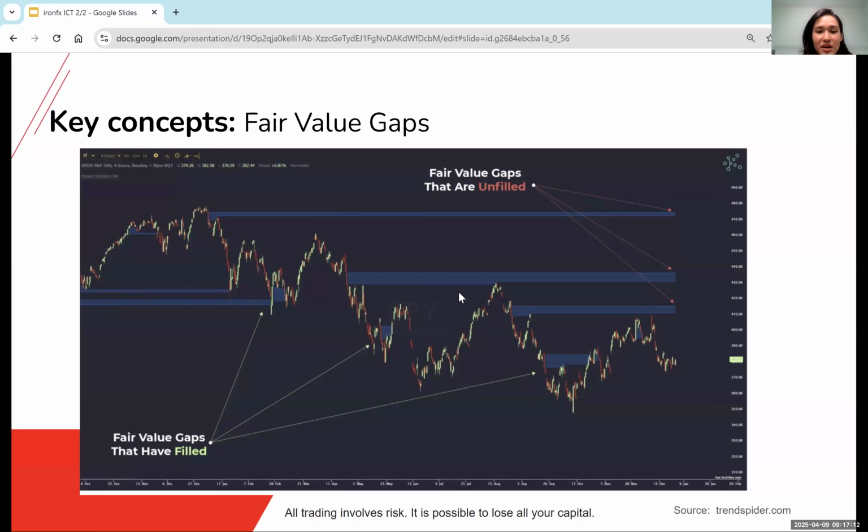When I'm talking about identifying fair value gaps, I'm talking about the unfilled fair value gaps here, because we're not really concerned about the ones that have been filled. We're more talking about those that have not been filled, because oftentimes we're expecting price to retrace to then fill up these FVGs.